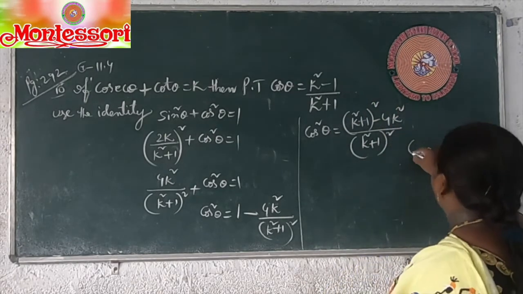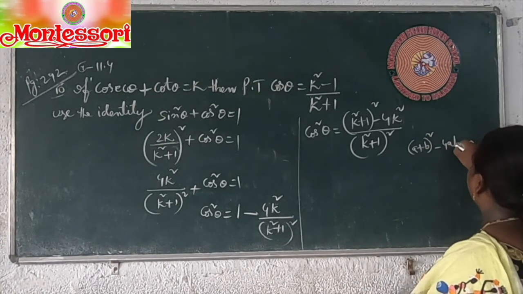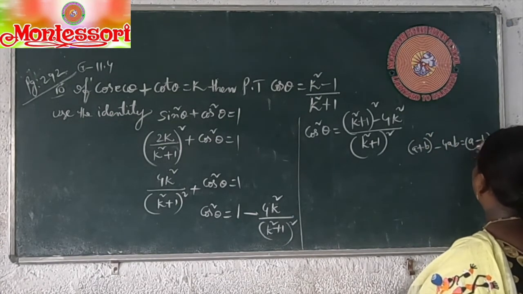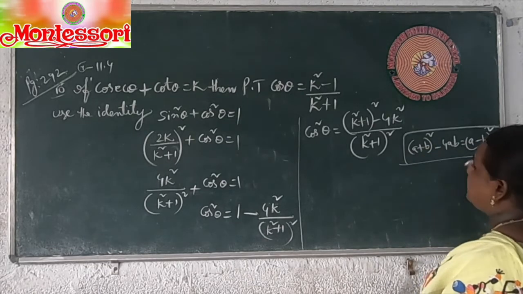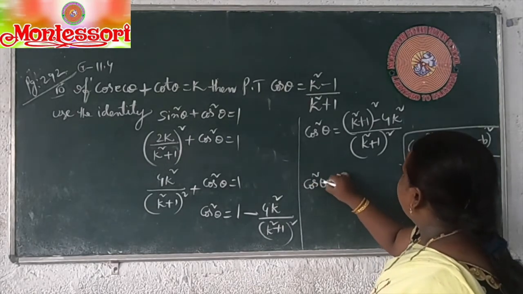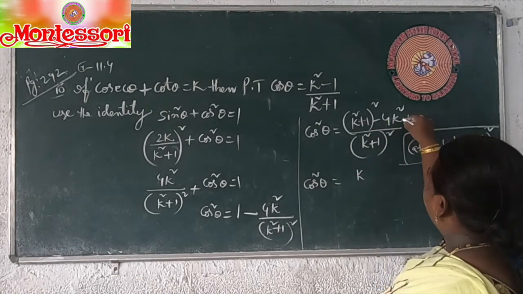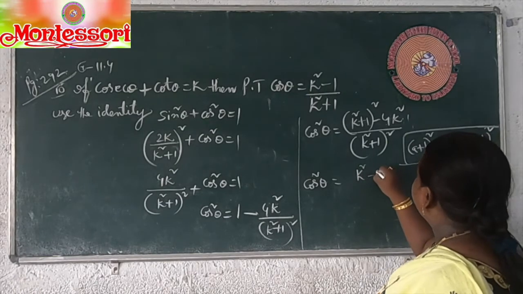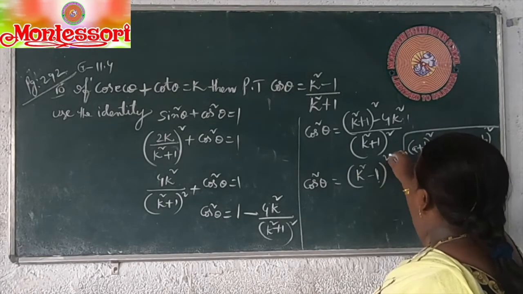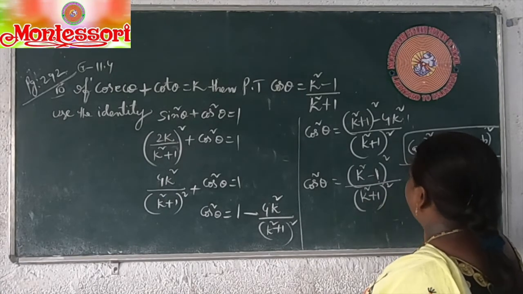And we have the formula (a plus b) whole square minus 4ab is equal to (a minus b) whole square. We have this algebraic identity. According to this, cos square theta is equal to, this is a and this is b, then (k square minus 1) whole square by (k square plus 1) whole square.